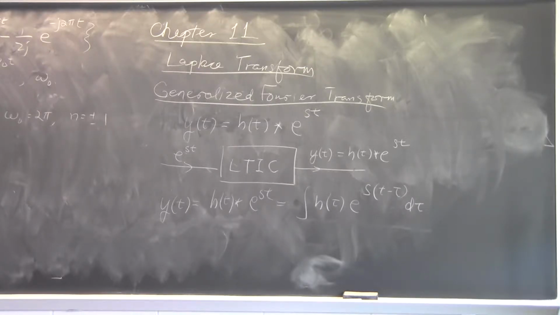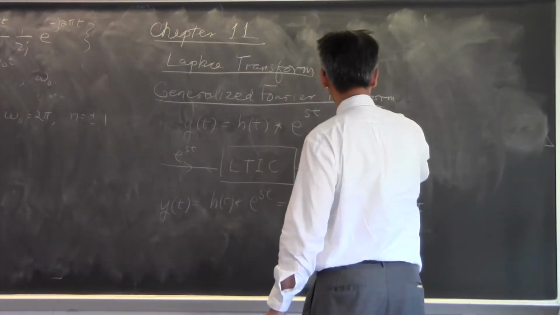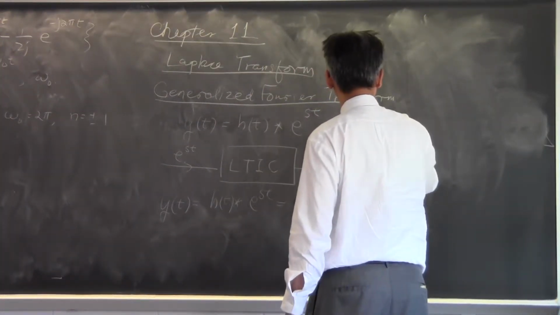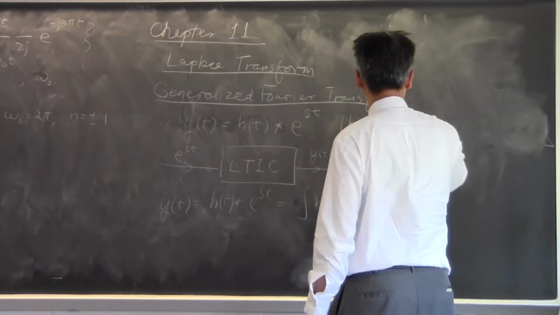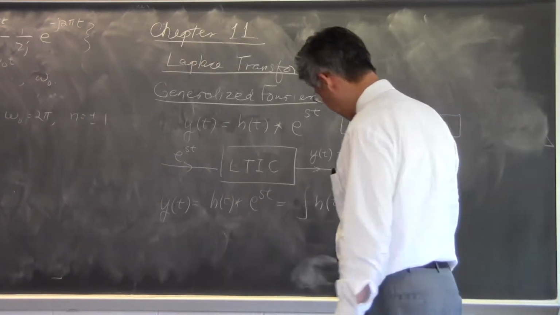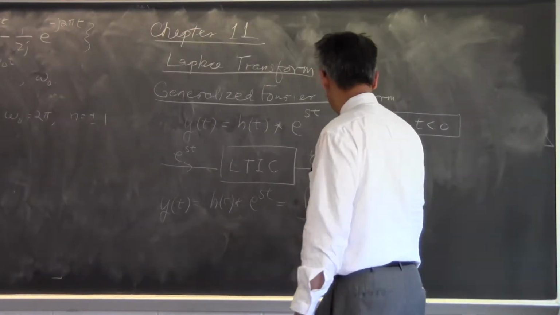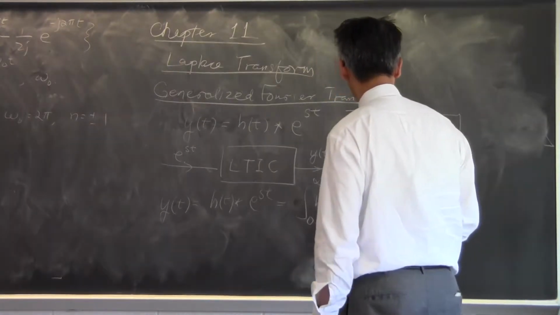Okay, because the impulse response is causal, this is a linear time invariant causal system, h(t) equals 0 for t less than 0. In order for this to represent a linear time invariant and causal system, I need to only integrate from 0 to infinity over here.